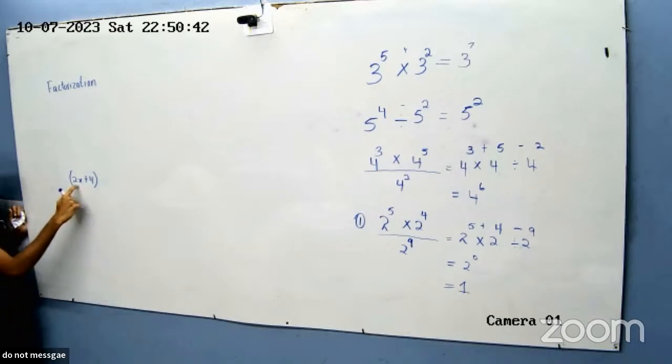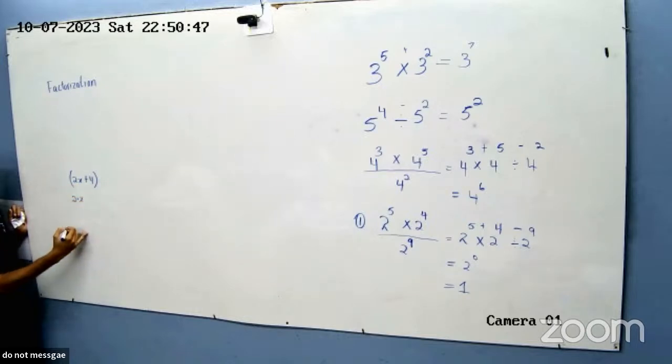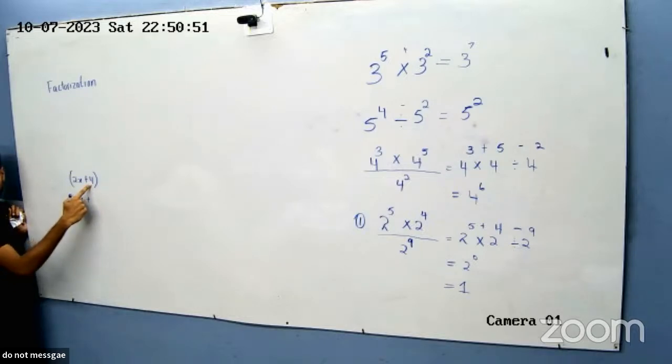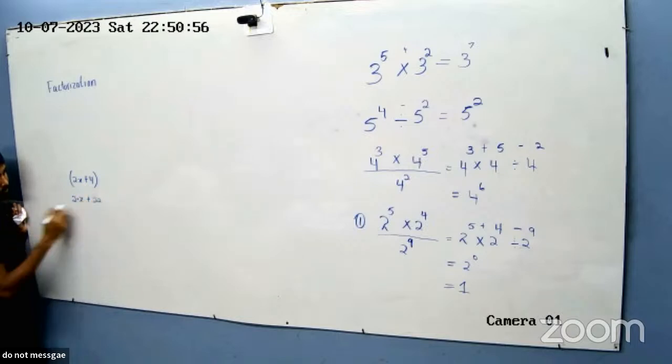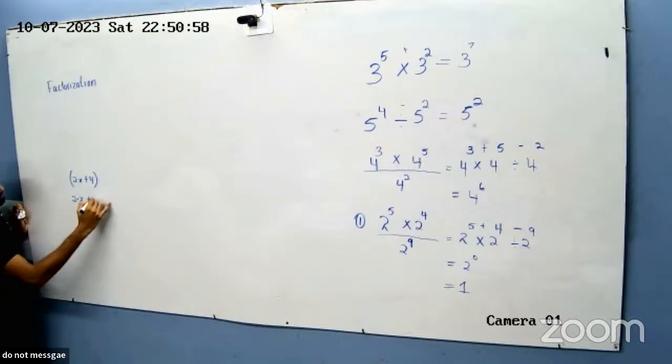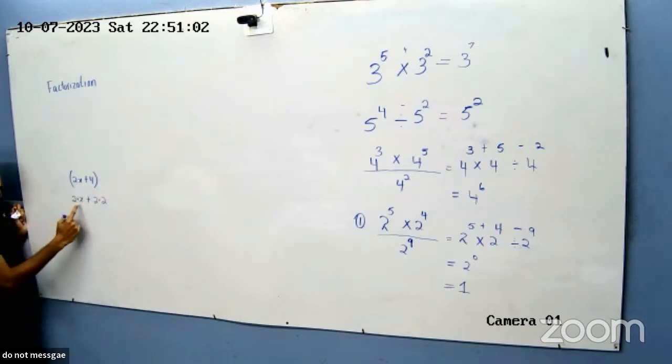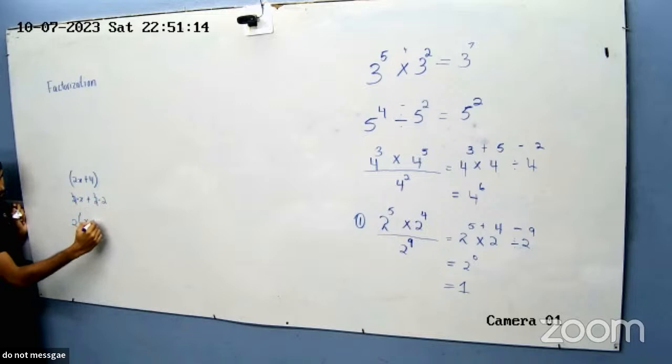If we break this up simpler, this is basically 2 multiplied by x, right? And then we can break this up again, 2 multiplied by 2, and you get 4, right? So now it's easier to see that 2 is common, right? So you want to take out what's common. We put that outside, we cross it out, and we remain with x plus 2.